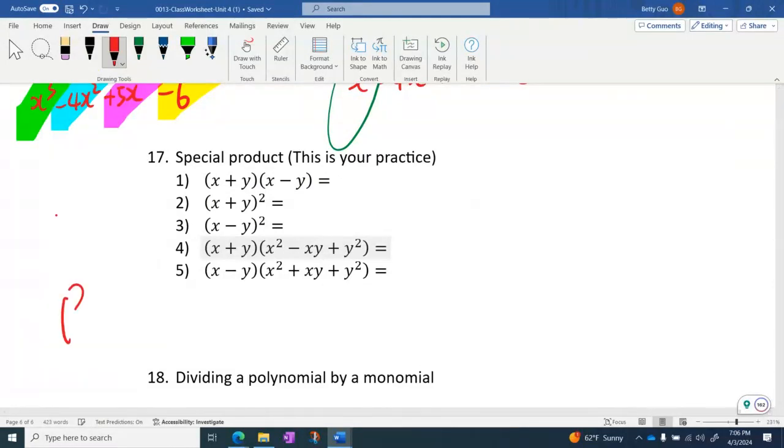I would like you to try the box method, okay? x plus y times x minus y. You're going to have a 2 by 2 box. How do you fill in the 4 cells? You should have the diagonal pattern. I'll give you 2 minutes and then show my result.